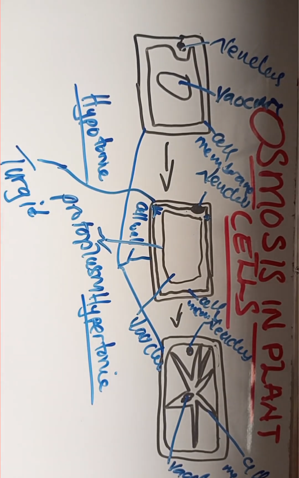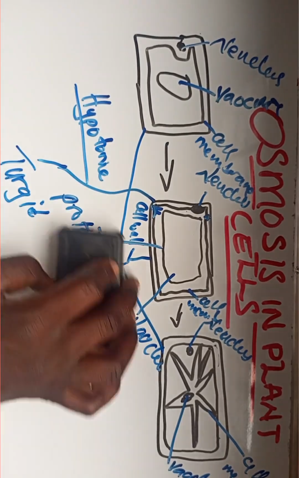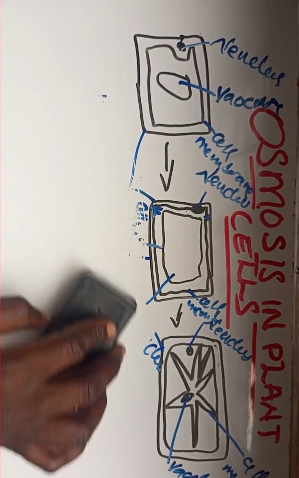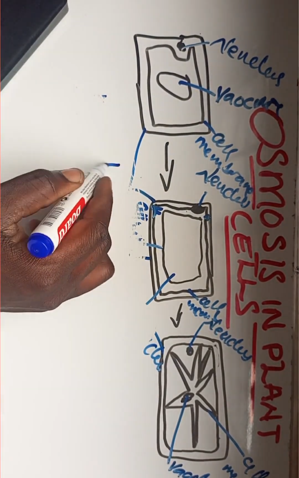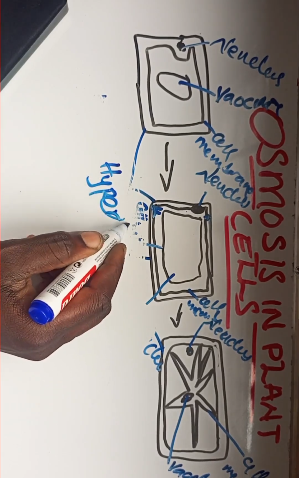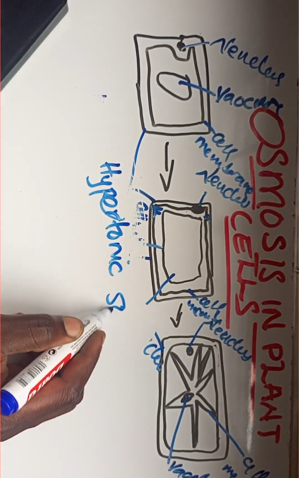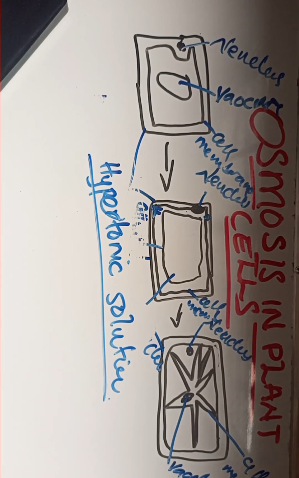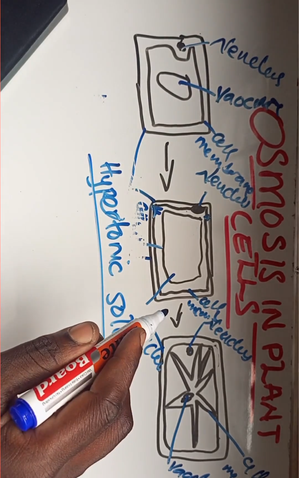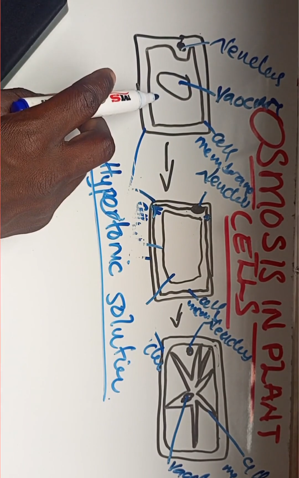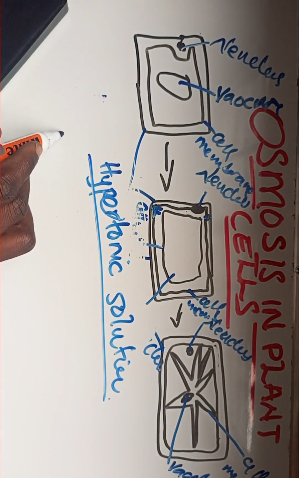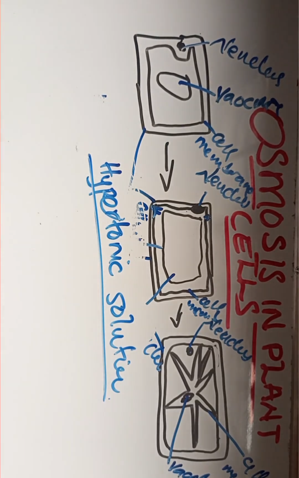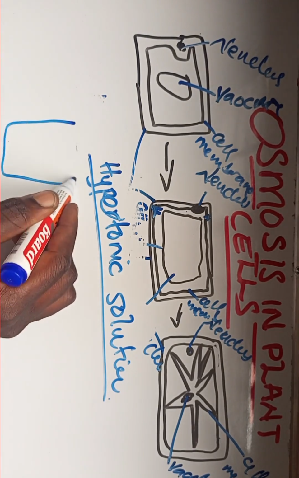So now, what happens when the cell is placed in a hypertonic solution? So here we find that this cell, the normal cell, when placed in a hypertonic solution, is normal the way it is.